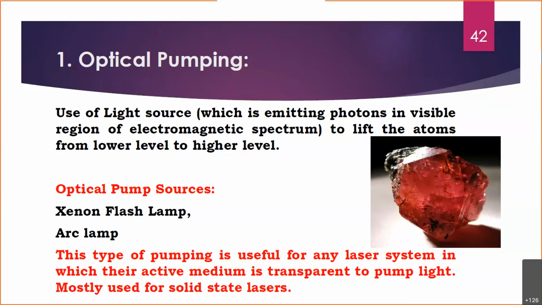Optical means light only, so we are talking about the light source which is emitting photons in the visible range. I hope this is clear from the name itself. That means you provide a light source to lift the atoms or particles from the lower level to the higher level. That is what optical pumping is.